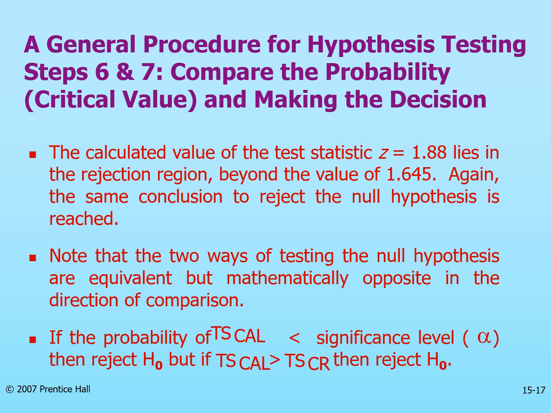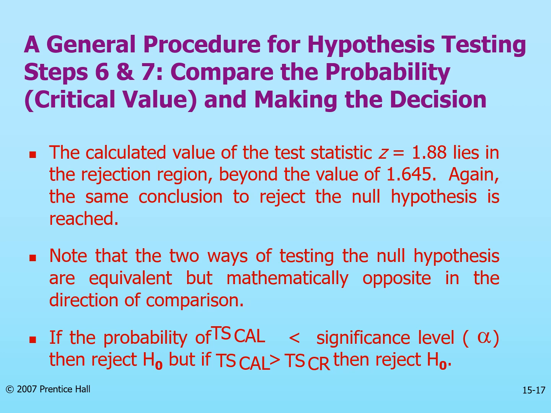The calculated value of the test statistic is 1.88, which is in the rejection region, beyond the value of 1.645. Because when we calculate the Z value at 5%, the value to be considered is 1.645. So here the calculated value is higher, which means the null hypothesis is rejected. Again, the same conclusion: reject the null hypothesis.